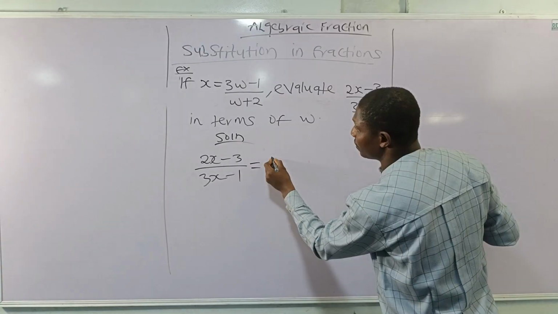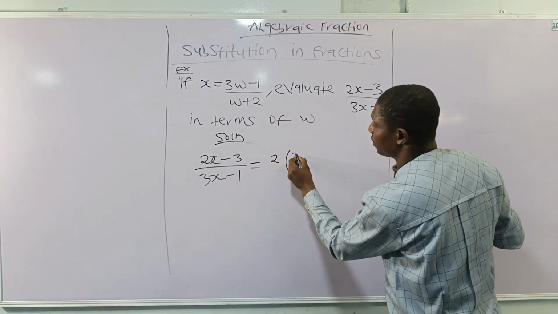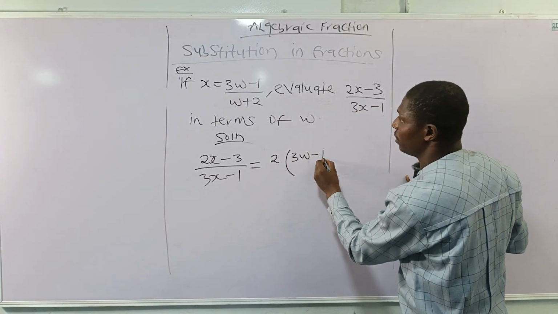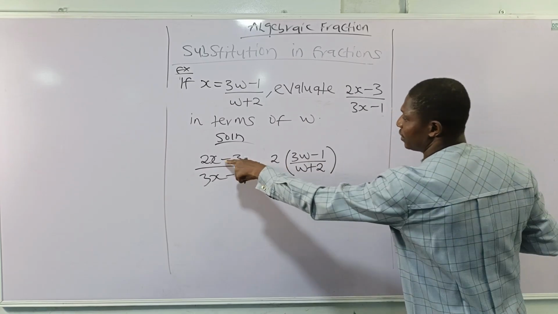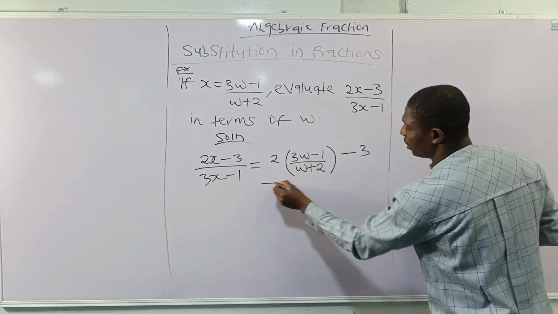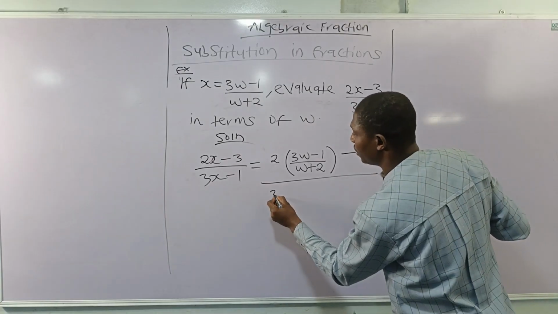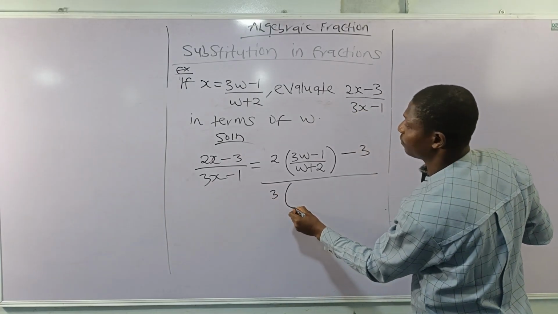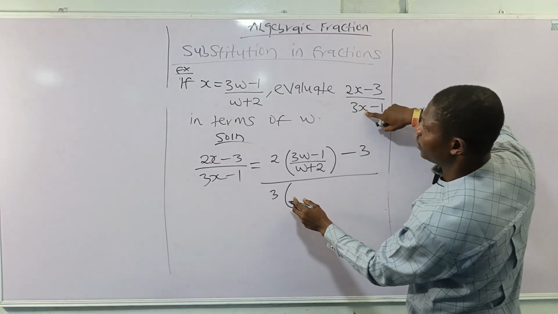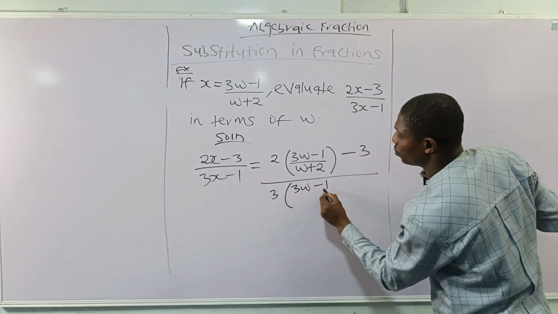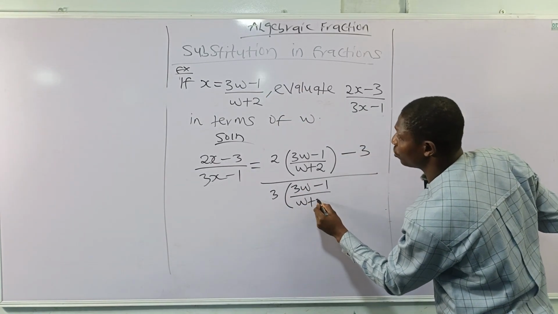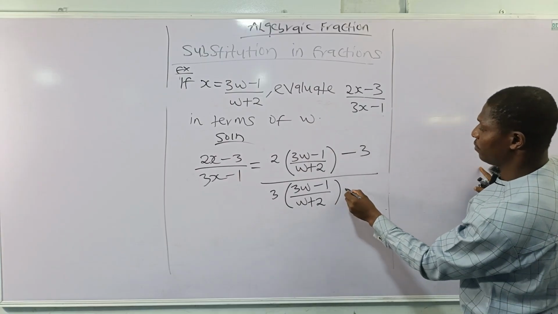So this is 2 brackets (3w minus 1) all over (w plus 2), close brackets, minus 3, all over 3 brackets, the value of x, (3w minus 1) all over (w plus 2), close brackets, minus 1.